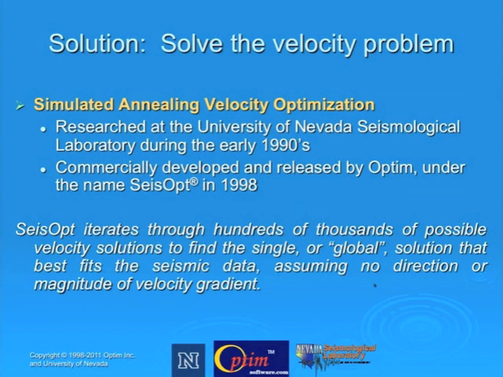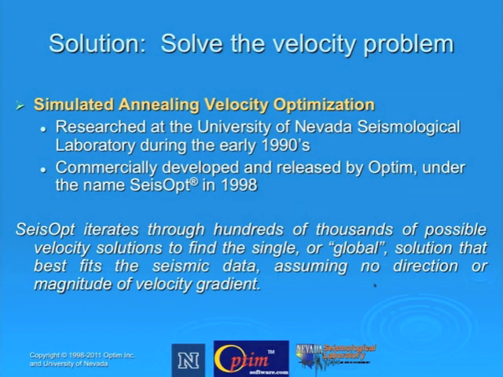So SeisOpt iterates through hundreds of thousands of possible velocity solutions to find a global solution that best fits the seismic data. And it doesn't have to assume any direction or magnitude of the velocity gradient. So, very radical velocity models with radical velocity changes, pretty accurate representations of some of the fairly heterogeneous geology that we have here in Nevada.